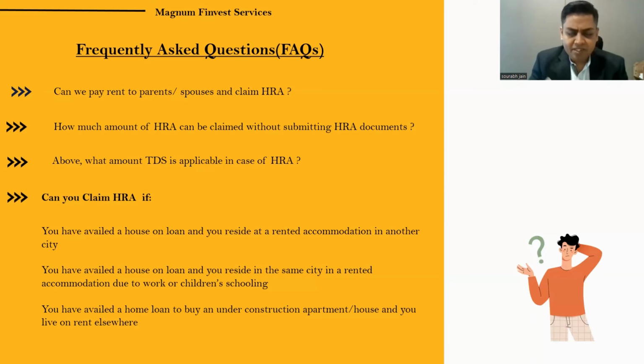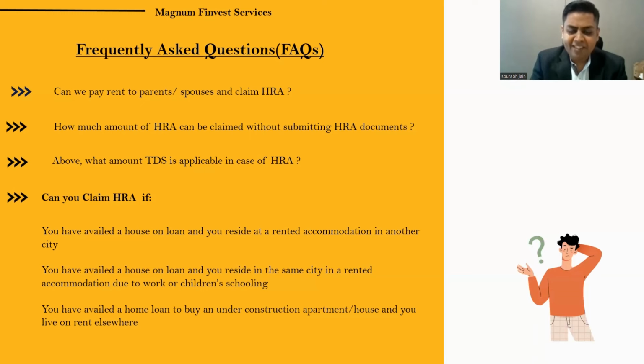It could be that the house you own is small and in a rented house you're staying in a bigger house, or your rented house is much closer to your kids' school, college, etc. Once you prove it, it's absolutely okay. So it doesn't restrict you from claiming both, even though it's in the same city. That's not a problem.